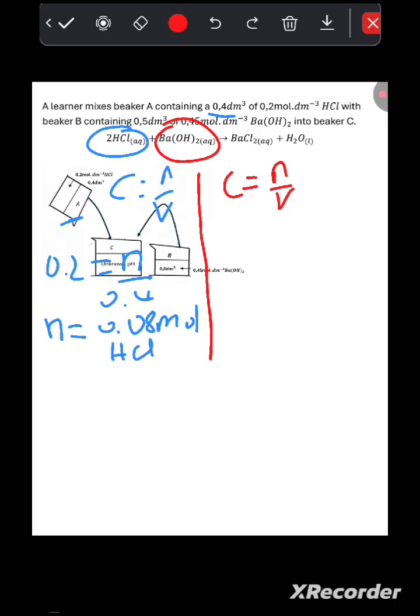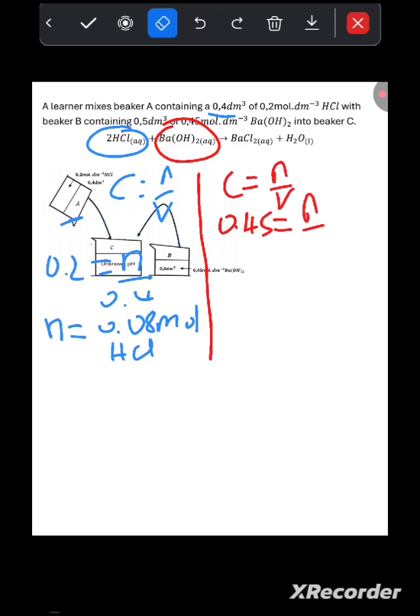The concentration is 0.45, equal to number of moles, and the volume is, sorry, the volume is 0.5.